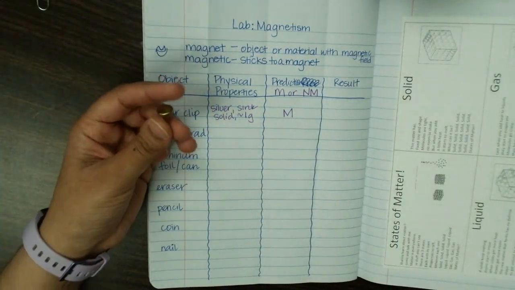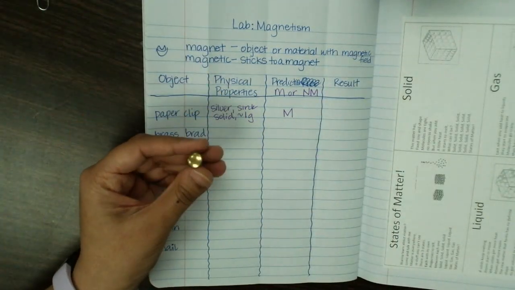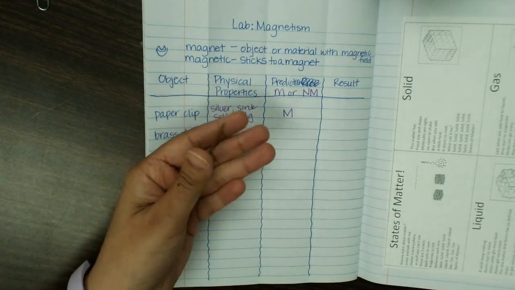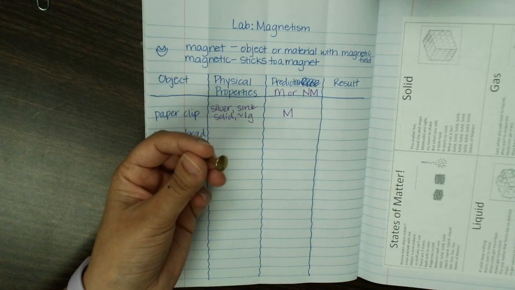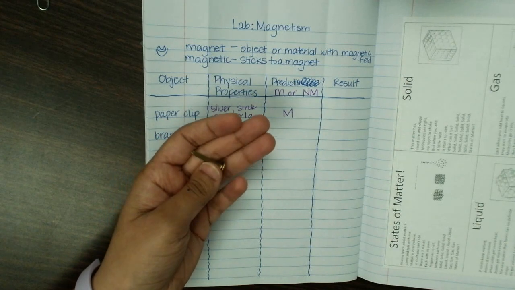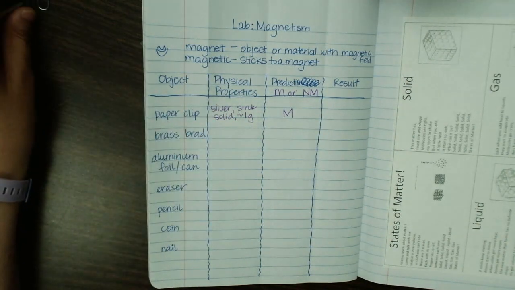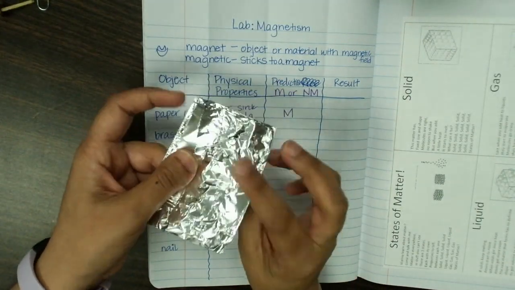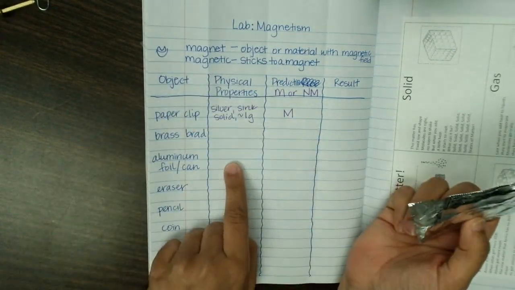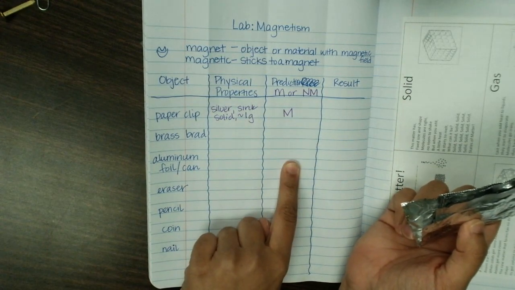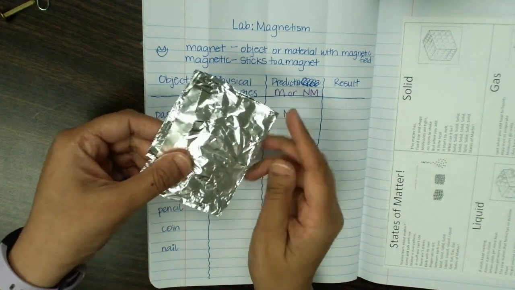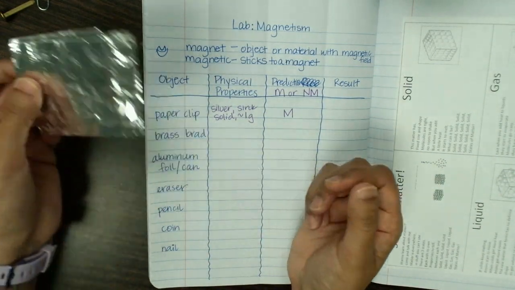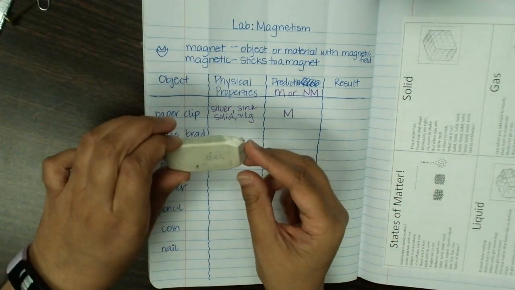Here's the next one. This is a brass brad. You can press pause and fill this in. Okay. This is a brass brad. Okay. Here is aluminum foil. Press pause so you can write the physical properties and write down, do you think it'll stick to a magnet or not? Okay. Eraser.